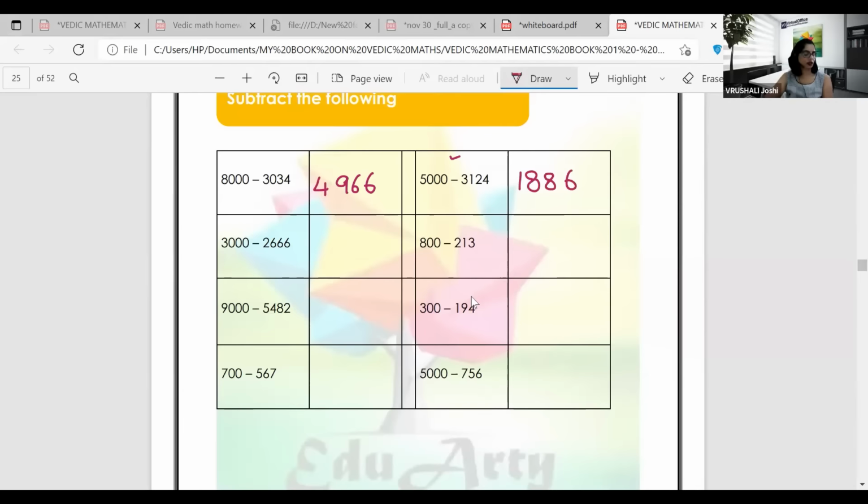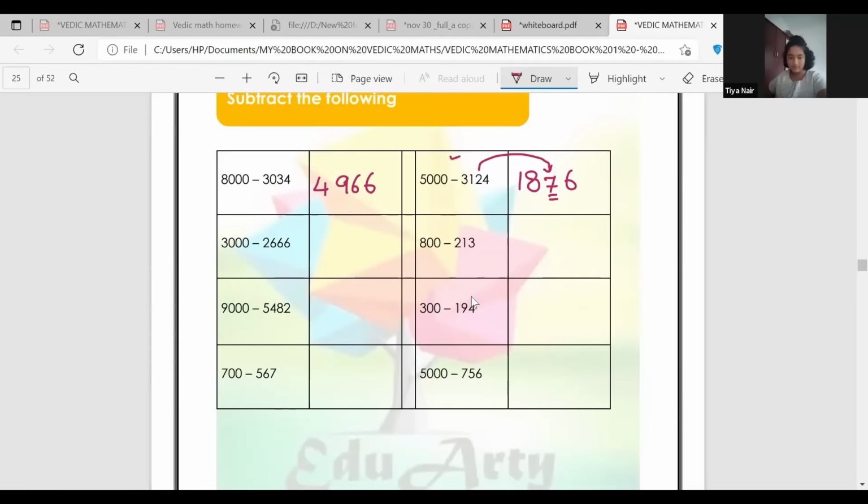Yes, ma'am. Okay. This answer is not correct, because this is 8. It has to be a 7. Getting it? Tia, please correct your mistake.